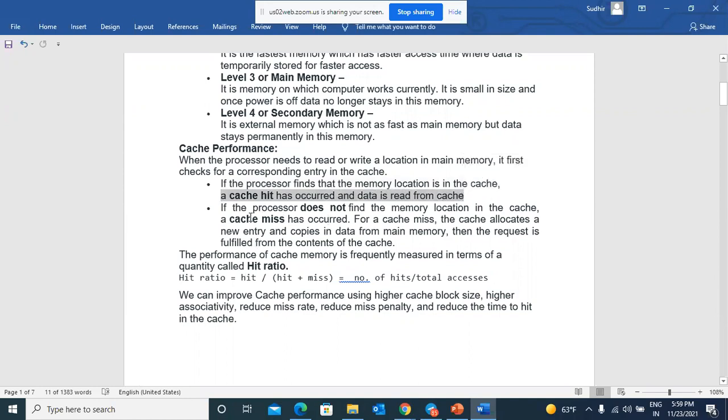If the processor doesn't find the memory location in the cache, a cache miss has occurred. For a cache miss, the cache allocates a new entry. That means it will fetch the particular data from the main memory, carry it to the cache memory, and then the CPU will take it. All this happens because we want the data at higher speed. So that's a cache hit and a cache miss.